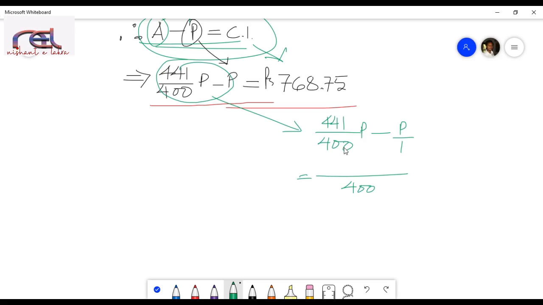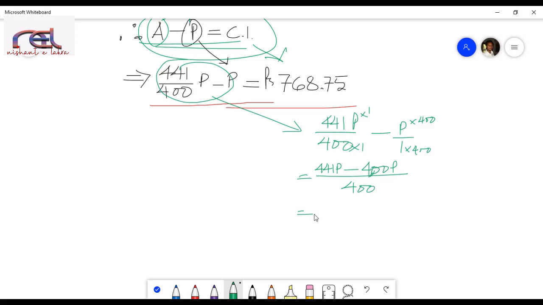So the first fraction, 400 into 1 is 400, so the same 1 we multiply with 441P, giving 441P. Minus, now second fraction, denominator 1 into 400, so the same 400 will multiply with P, by which we get 400P.